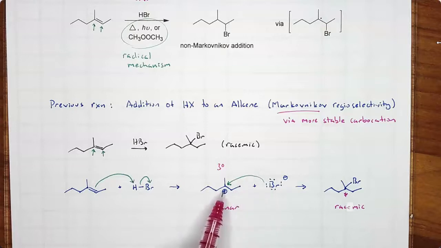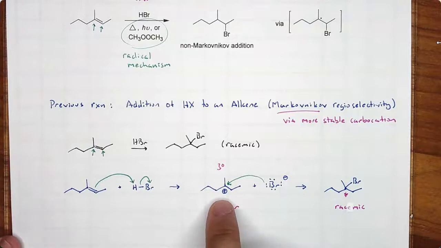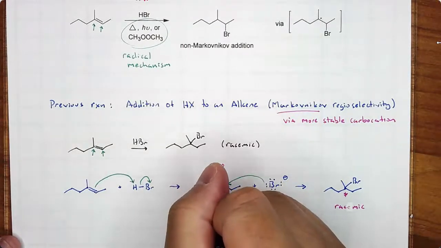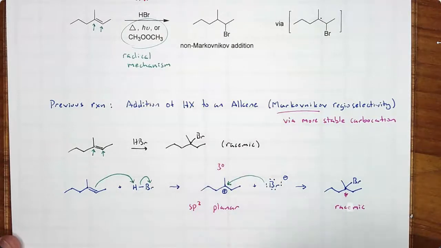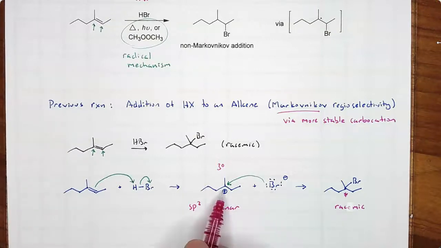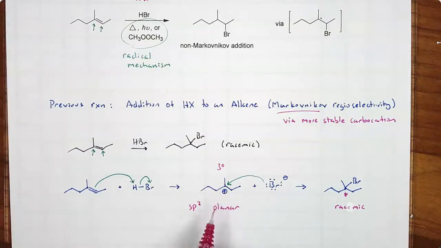It attacks the carbocation to form that bond, and because this is a carbocation, it is sp2 hybridized. Right, that carbon's sp2 hybridized, and you know that is shaped as trigonal planar. It is flat. So when this bromine comes and attacks the carbon, it can either come from the front as a wedge or from the back as a dash.